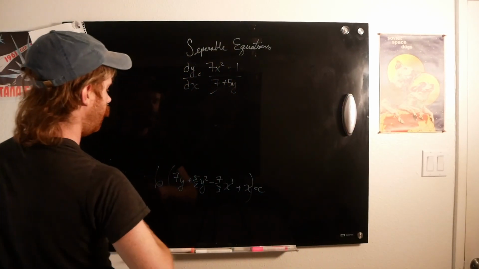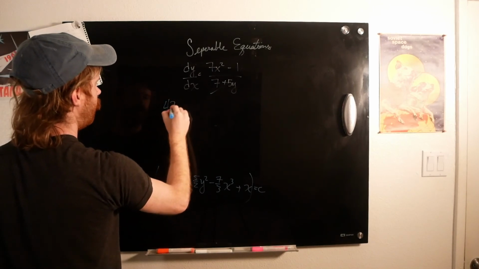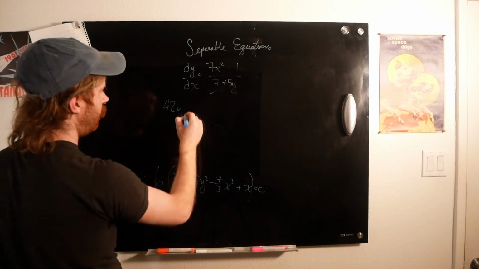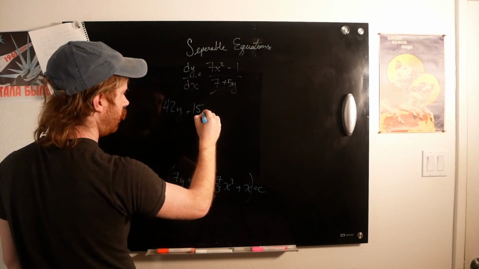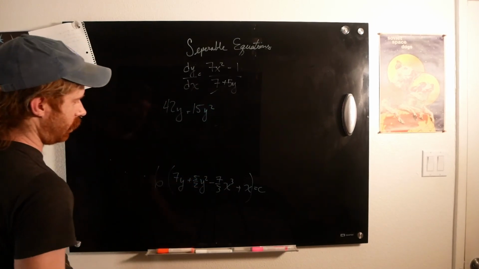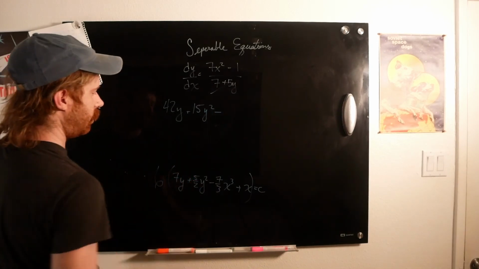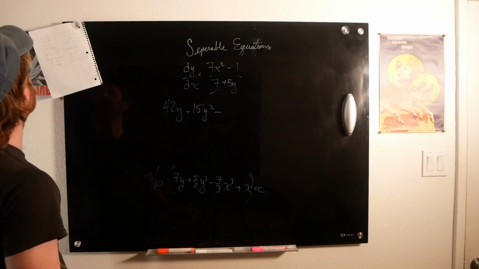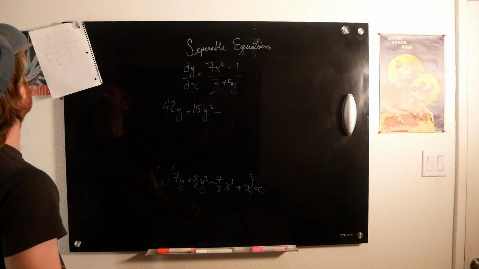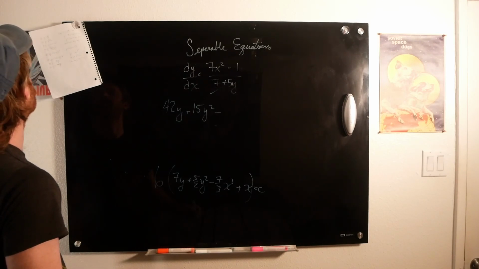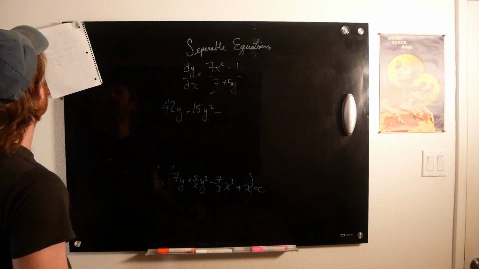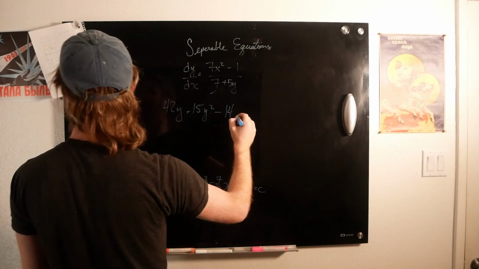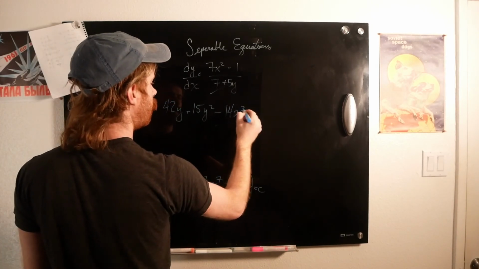You'll see later. So 6 times 7 is 42y. 6 times 5 is 30, over 2 is 15, so 15y squared. So minus 6 times 7 is 42 over 3, which is 14, so 14x cubed.